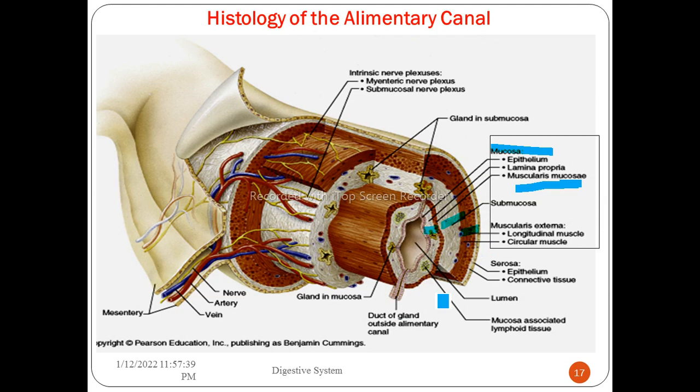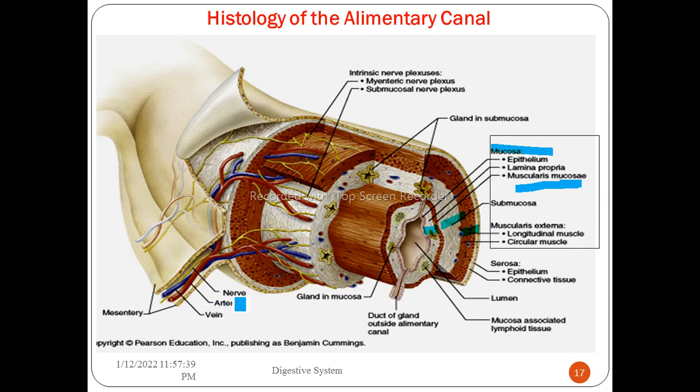Having this concept, the ducts or glands of the alimentary canal are here, glands in the mucosa are here, and if you see this area, this is known as submucosa.